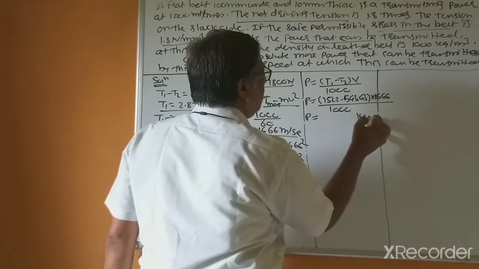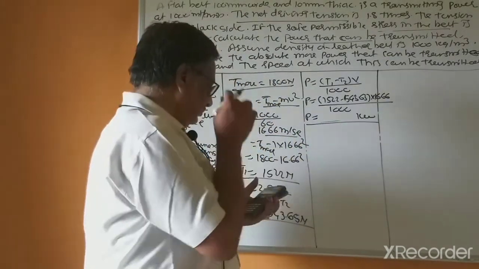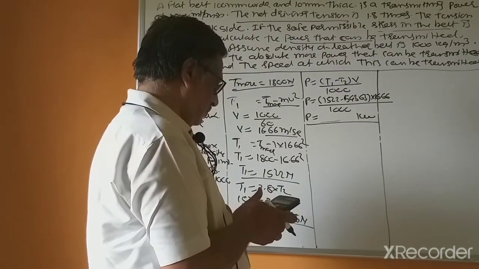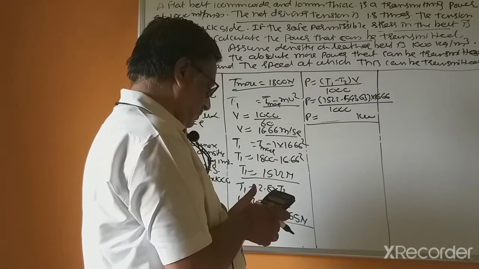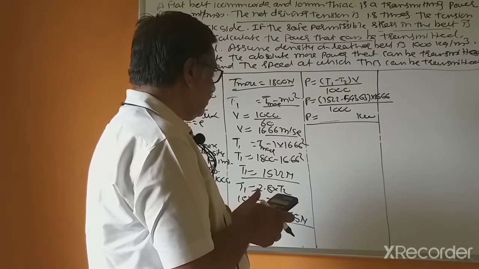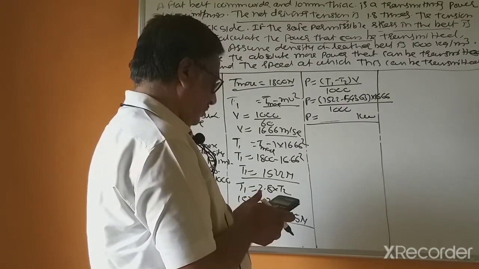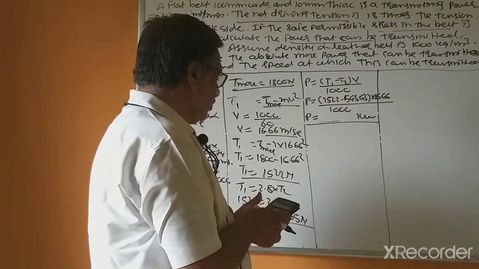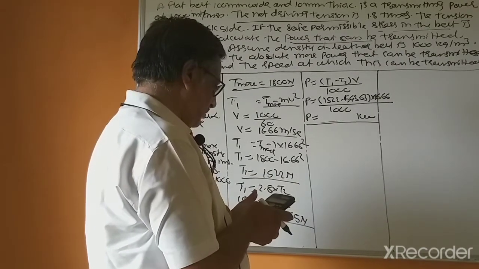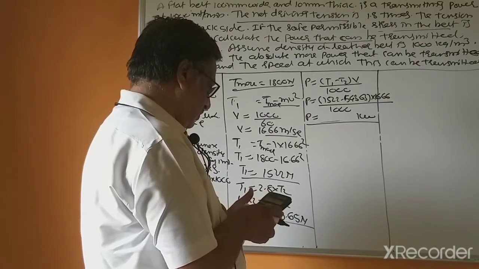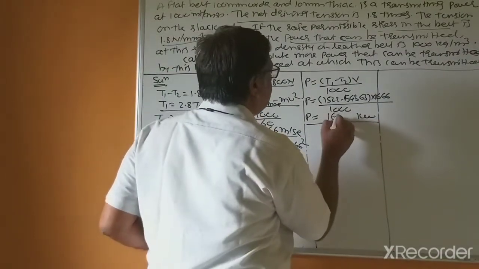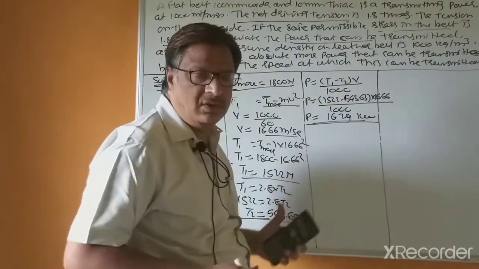Power in kilowatt equal to 16.29 kilowatt. This is the power.